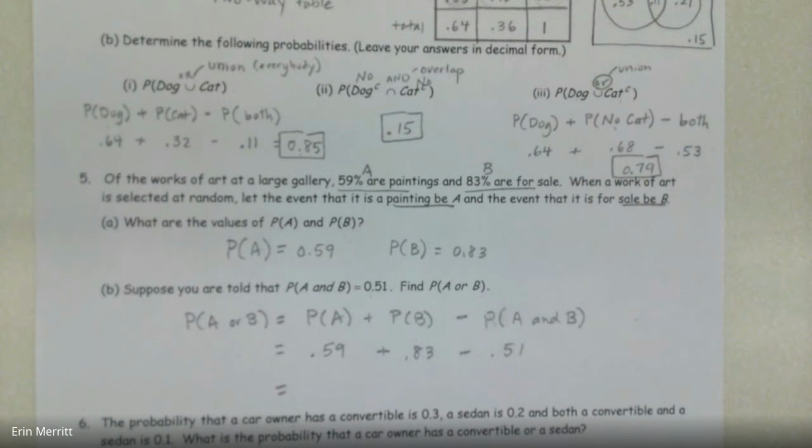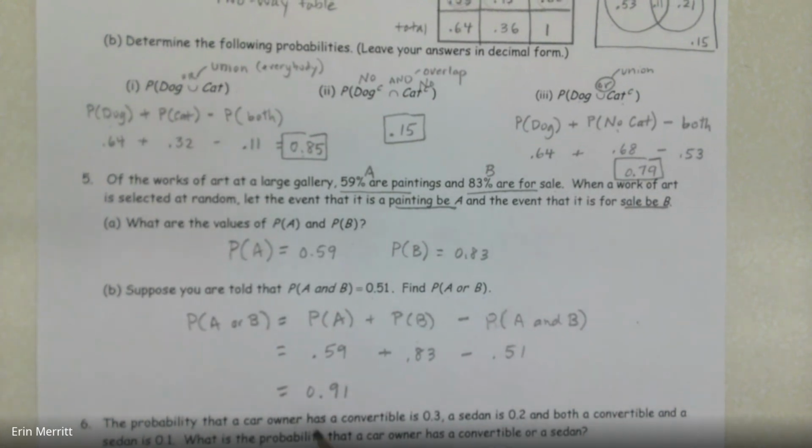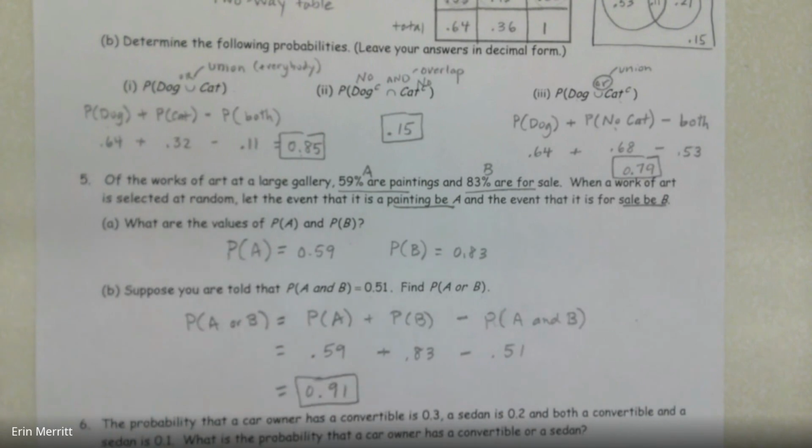All right, add it all up. 0.59 plus 0.83 minus 0.51. There we go. So 0.91. So the probability that it's either a painting or it's on sale is really, really high. So just about everything in there.